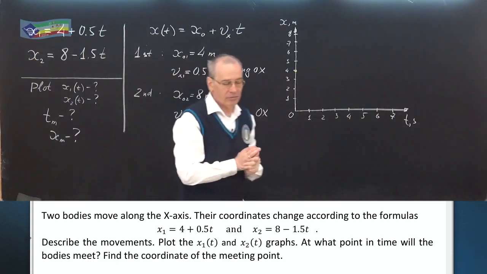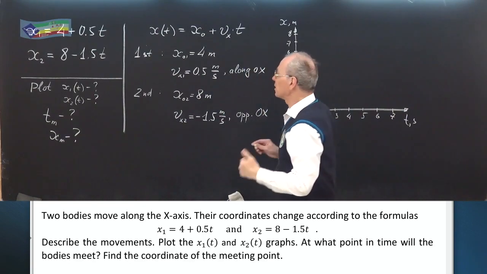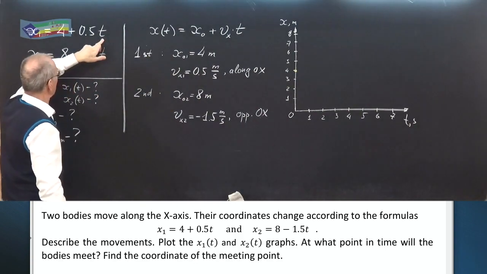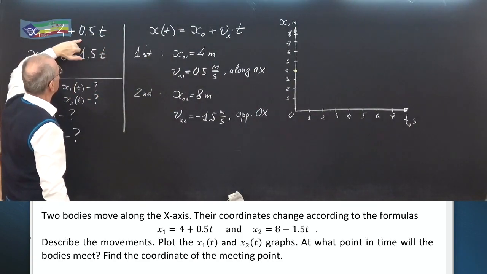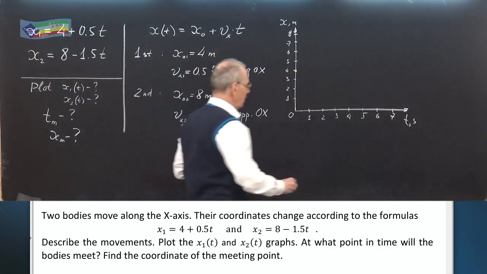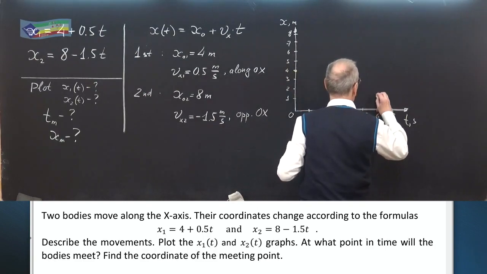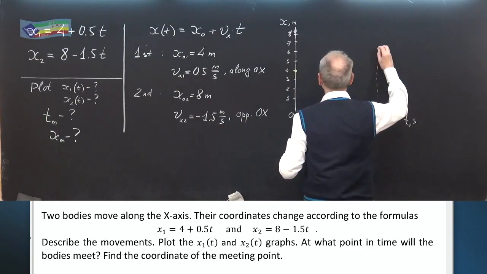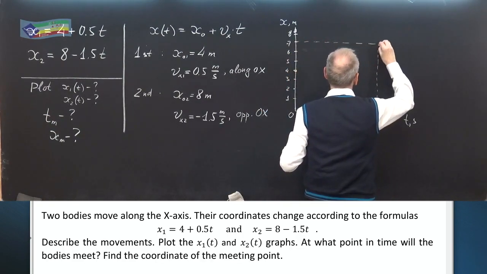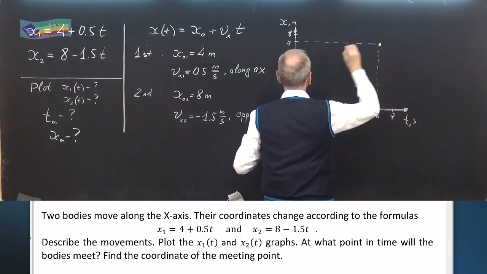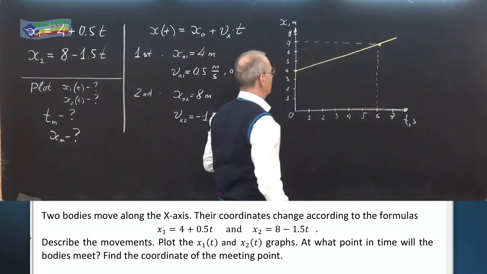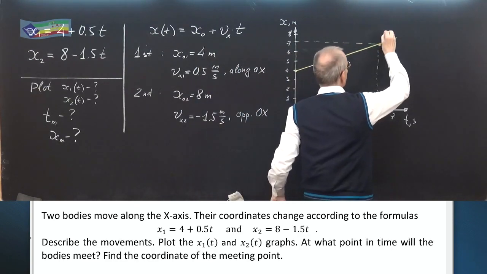For example, when time equals 6 seconds, we have 3 meters plus 4, 7 meters. And now, across these 2 points, we can draw the straight line. First body.